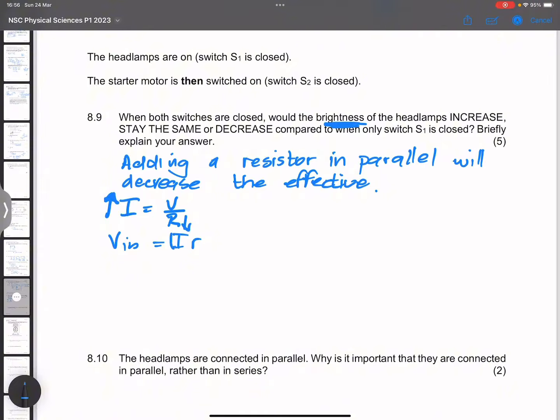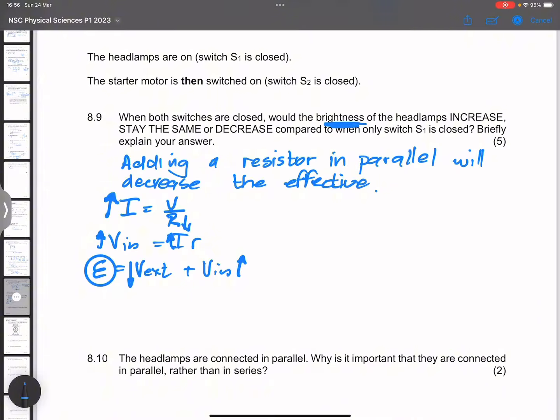So that increases, okay? And so what does that ultimately do to the external voltage, right? Now that we've increased the internal voltage, EMF is V external plus V internal. Remember, this guy stays constant, right? But in this case, we've increased the internal voltage, and so that means V external will actually decrease.